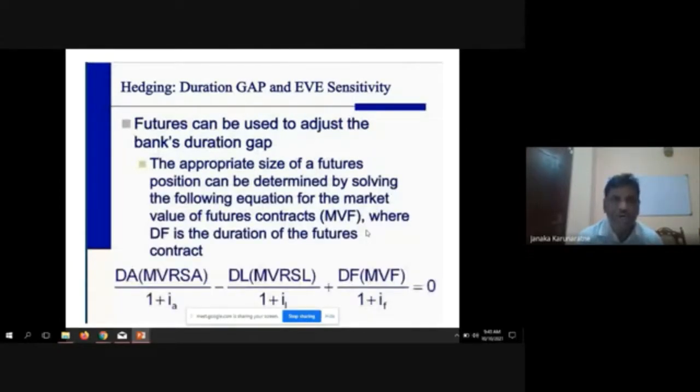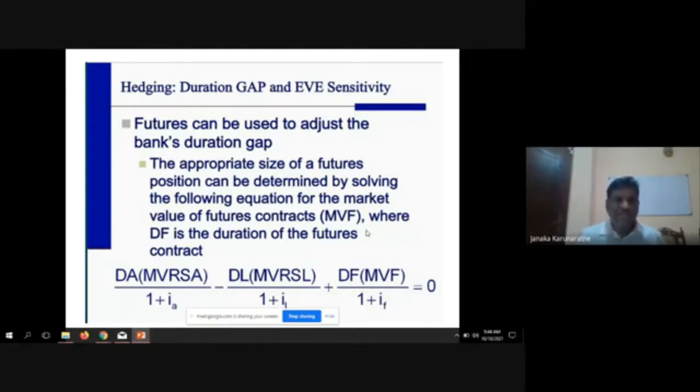So futures can be used to adjust the bank's duration gap, and the size of the futures position can be determined by solving the following equation for the market value of futures contract, where DF is the duration of the futures contract.